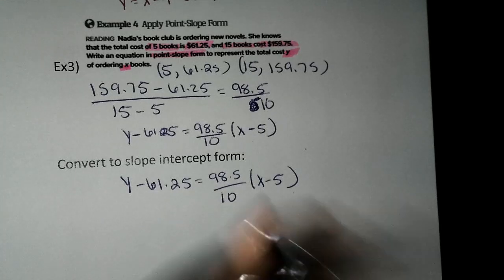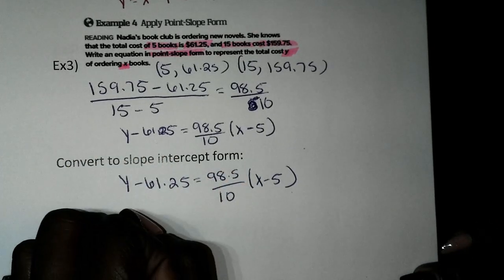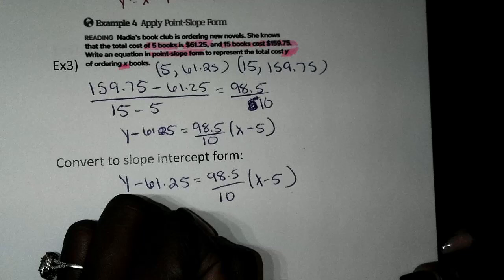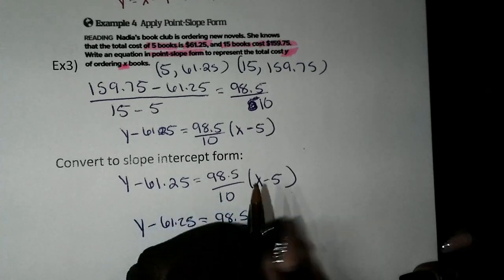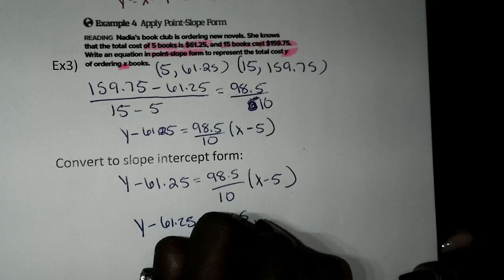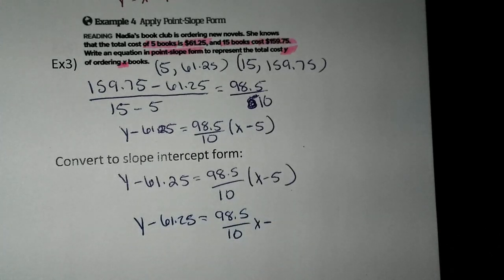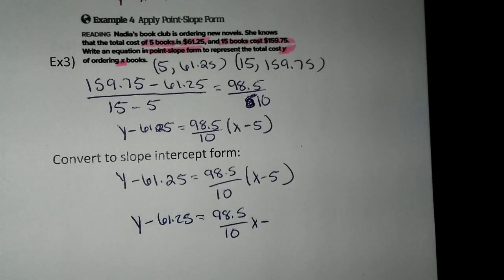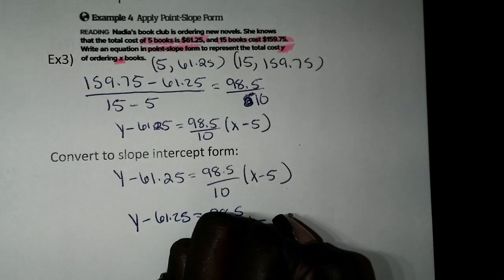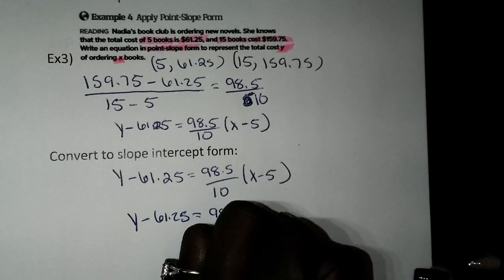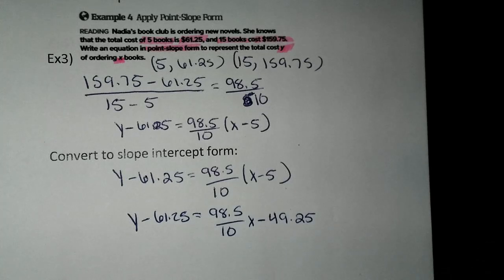Let's start simplifying. 98.5/10 x minus, in this case 98.5/10, 10 times 5 will give us 49.25, and then we move everything attached to y.